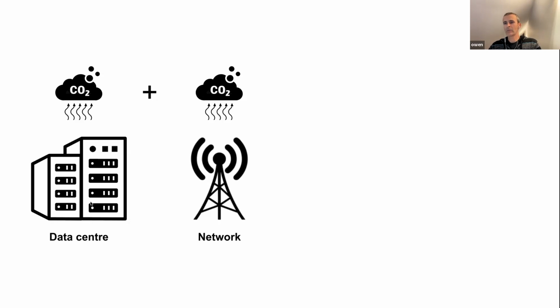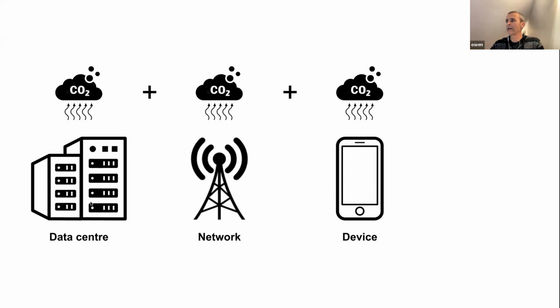So what I recommend, and what is considered to be best practice, is to start to incorporate the emissions associated with the transmission of data across the internet as part of your carbon footprint. Extending that out even further, the data from your website is ultimately flowing to a user on their device.